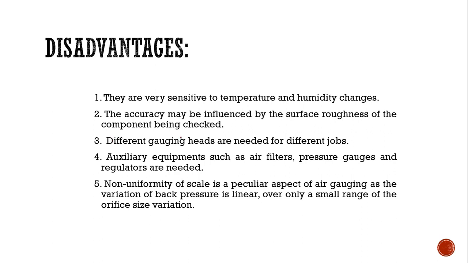Disadvantage: they are very sensitive, so in those cases it may commit inaccuracies. The accuracy may be influenced by the surface roughness of the component being checked, because due to surface roughness the back pressure values will vary a little bit. Different gauging heads are needed for different jobs.